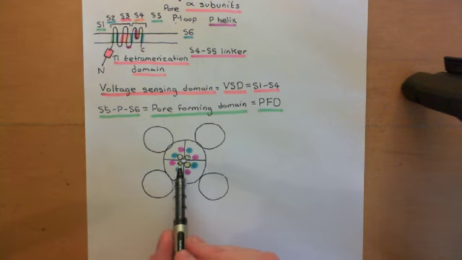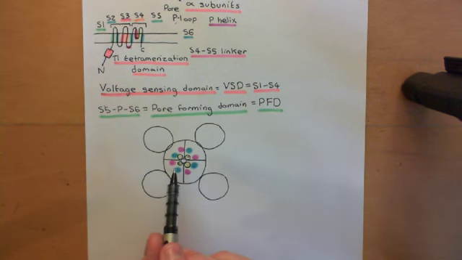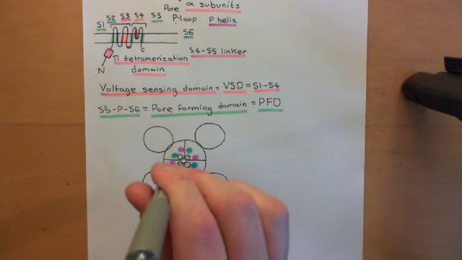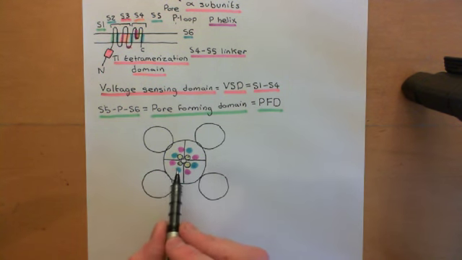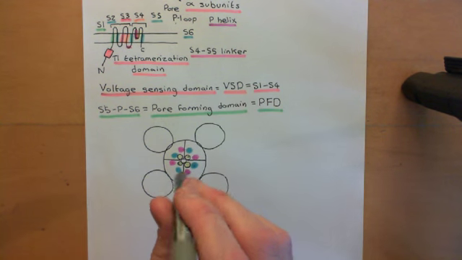Again, remember we're viewing from the external side, so we'll be coming up the ascending portion of the P-loop. That will be lining the pore, and then we'll be looping back over and going into the S6 helix, and that goes all the way down through the membrane, and that is the portion that will be lining the pore on the intracellular aspect of the pore.